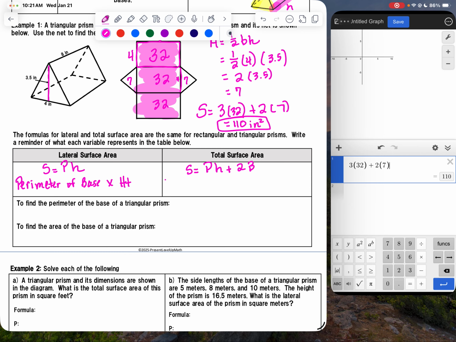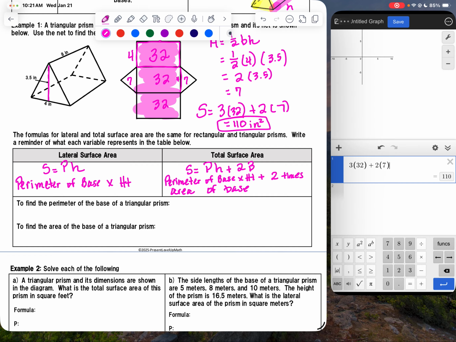So perimeter of base times height plus 2 times area of the base.